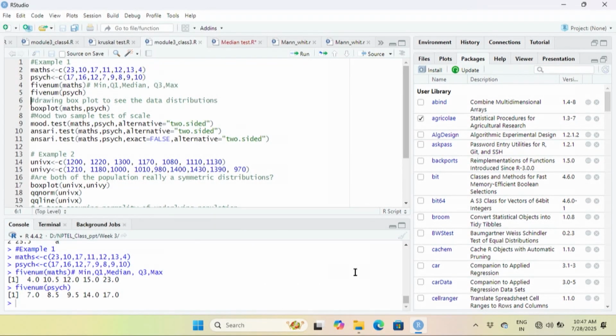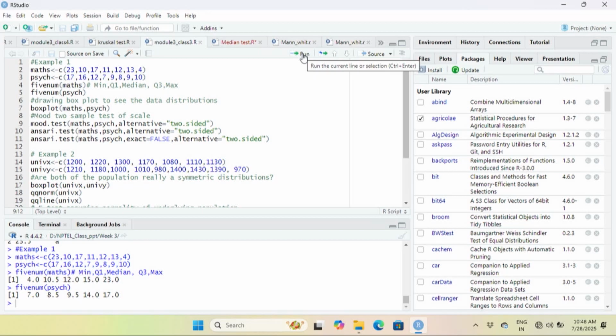Although we have said that the population medians for both maths and psychology are the same, we have assumed that. But here we can see for maths students the median is 12 and for psychology major students the median is 9.5. There is a little difference. You can make a box plot as well, just to have a visual impression of how the distributions for these two classes differ. But let me get straight down to the Mood test.